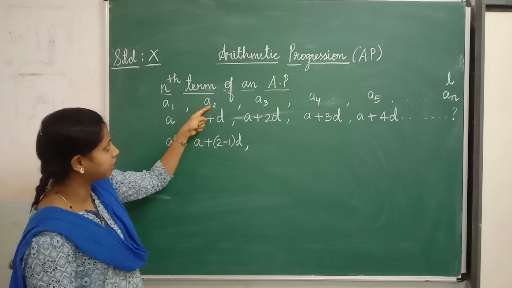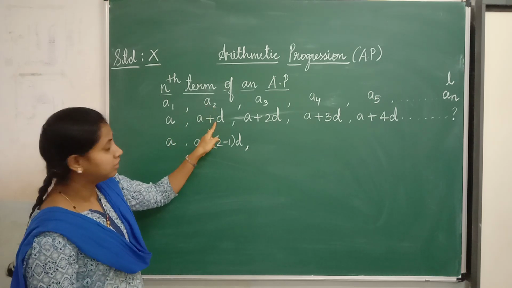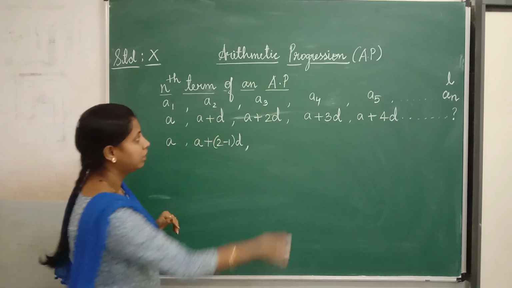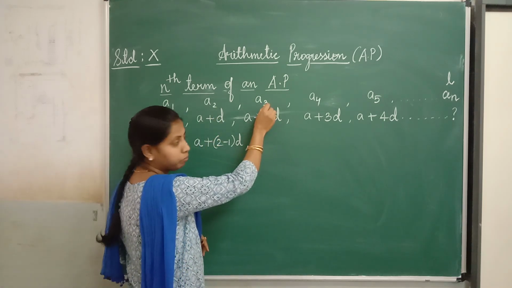Here it is 2, the second term. To the D value we have to multiply 1. Now it is the third term, 3. What do we have to multiply?